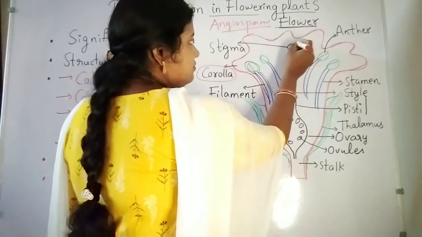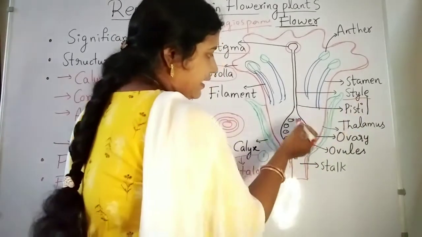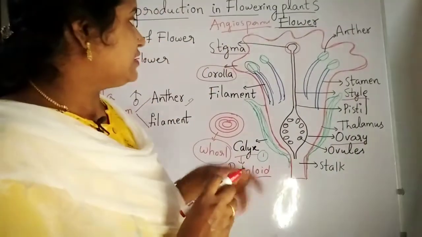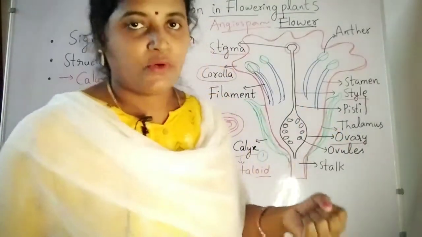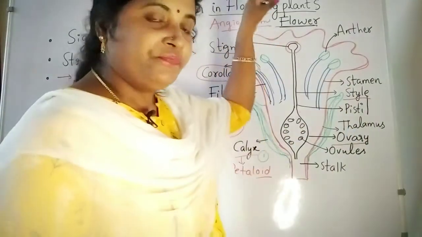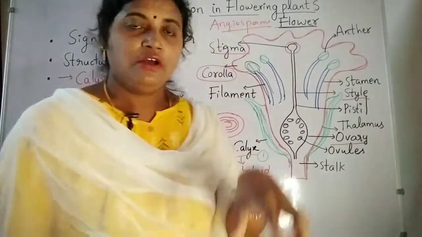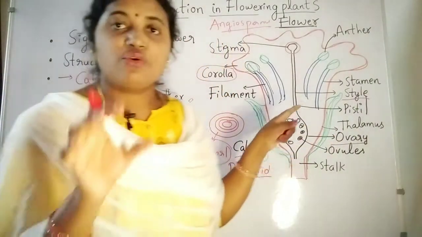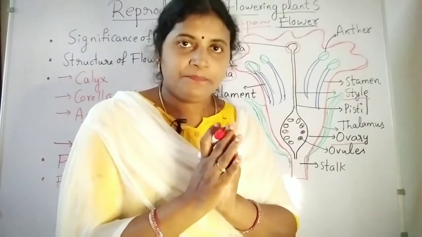One is the stigma, the long tubular structure is the style, and the oval-shaped structure is the ovary. The stigma receives the pollen grains, the style transports the pollen grains from the stigma to the ovary, and the ovary stores the ovules. See here, these all are the ovules. The ovary is storing the ovules, waiting for fertilization.